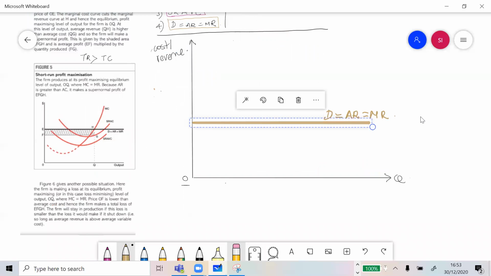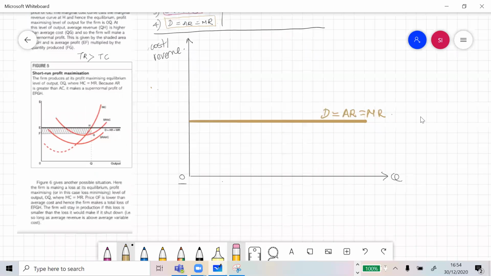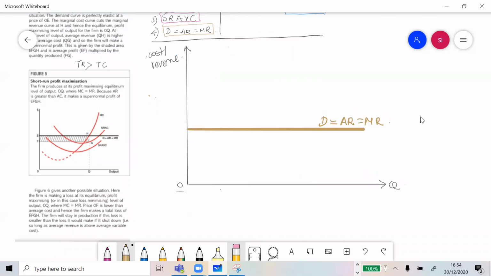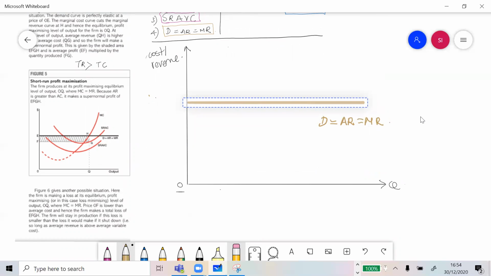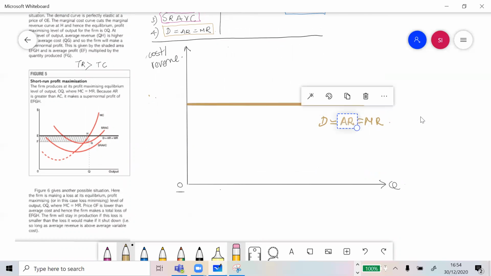I'm going to take this a little bit above here so that I can show the impact. So let me mark it again. D equals AR equals average revenue equals marginal revenue.